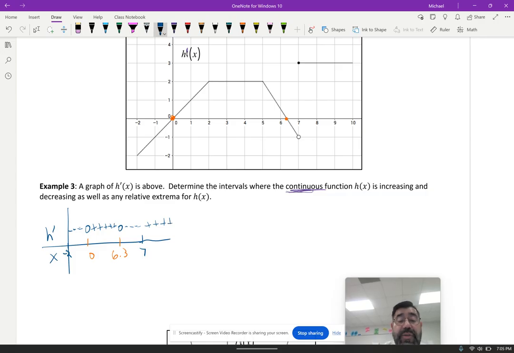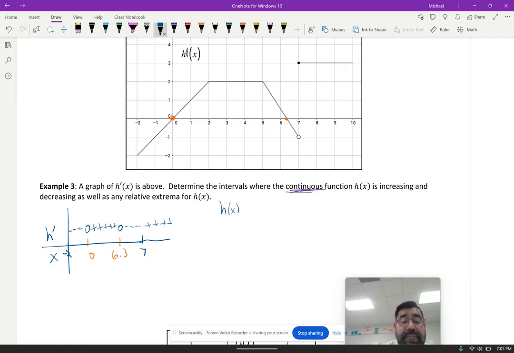Okay. So the question is, where is it increasing, where is it decreasing, and what happens at 7? Does a derivative exist at 7? It does. It's telling me that it is 3, right? But there's also a change from a negative part of the graph to a positive part of the graph without any smooth transition.